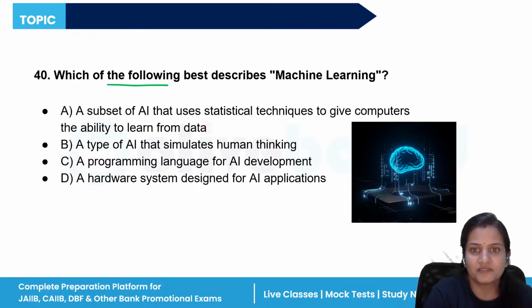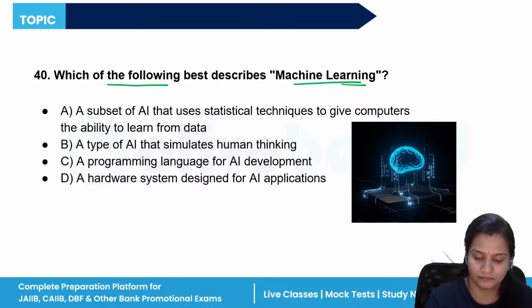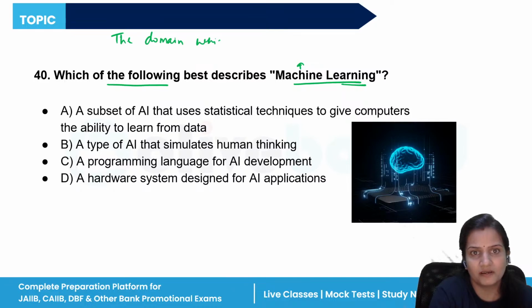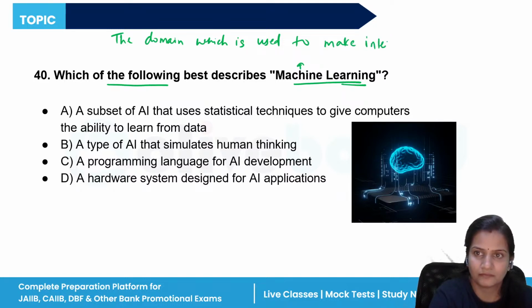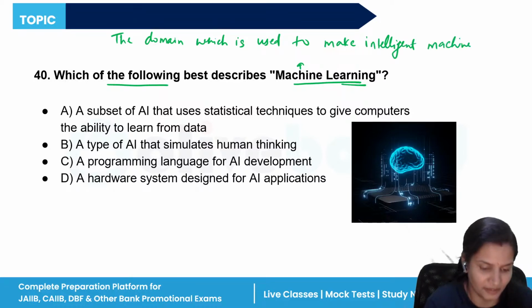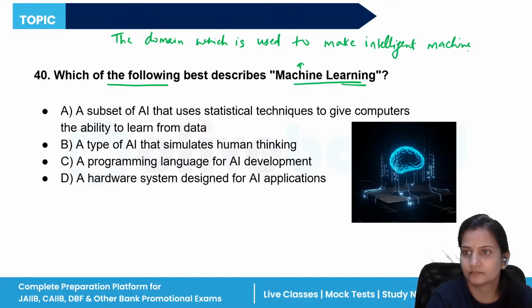Now, which of the following best describes machine learning? Machine learning is what? The domain which is used to make intelligent machines. Or deep learning.